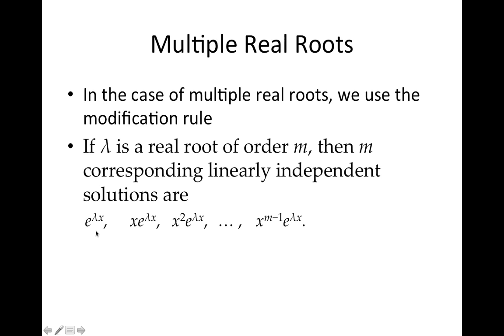So for every order of root you have an additional basis solution that is multiplied by x. So if we have an mth order root, so we have lambda as a repeated root m times, then we'll have an e to the lambda x, we'll have an x e to the lambda x, we'll have an x squared e to the lambda x, and so on, all the way up to x to the m minus 1 e to the lambda x.